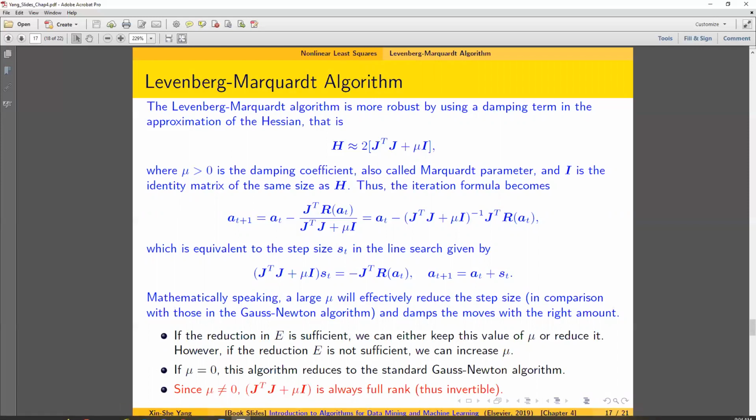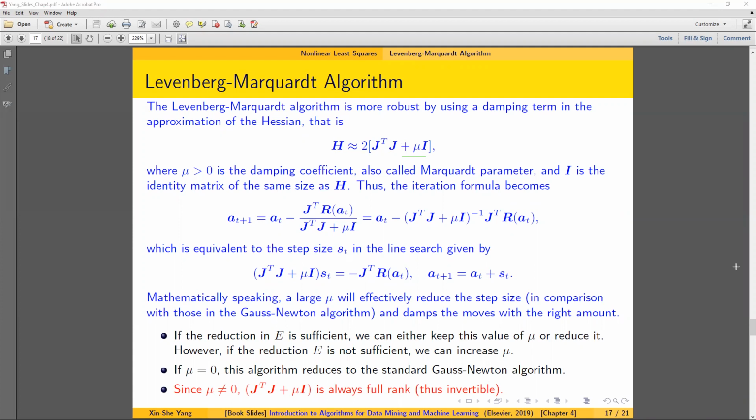The original Gauss-Newton algorithm only has this term, and doesn't have this one. Here mu larger than 0 is the damping coefficient, also called the Marquardt parameter, and I is the identity matrix of the same size as H.